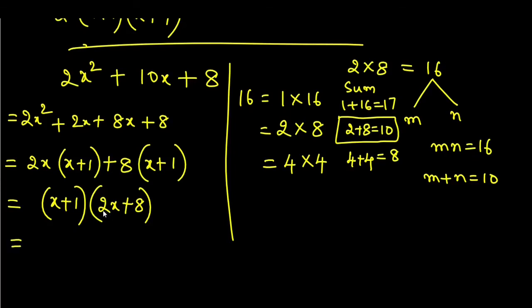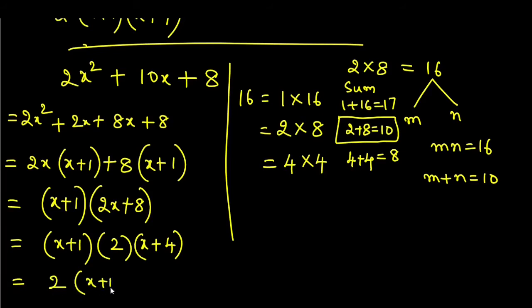So here by taking 2 as a common factor, we can rewrite it as x plus 1 into 2 into x plus 4. This can be written as 2 into x plus 1 into x plus 4.